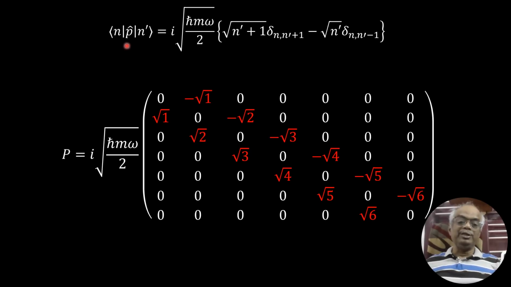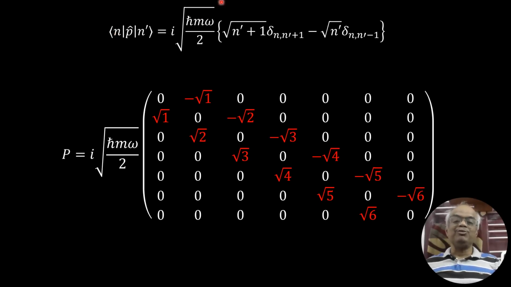This matrix is the same as the X matrix, except here you have a negative sign. So lower half diagonal elements are positive and upper half diagonal elements are negative. There is no other difference except this multiplicative factor and the sign of the upper half diagonal element.